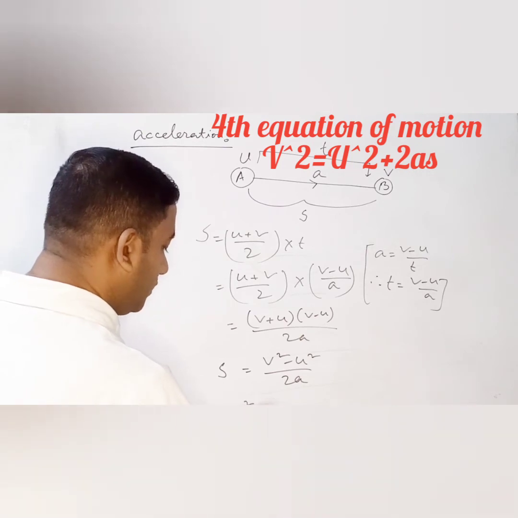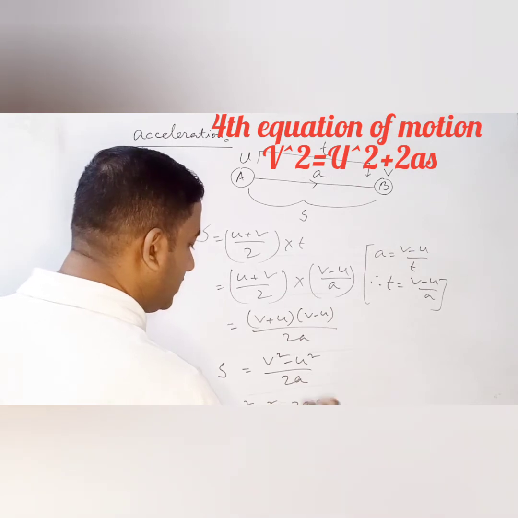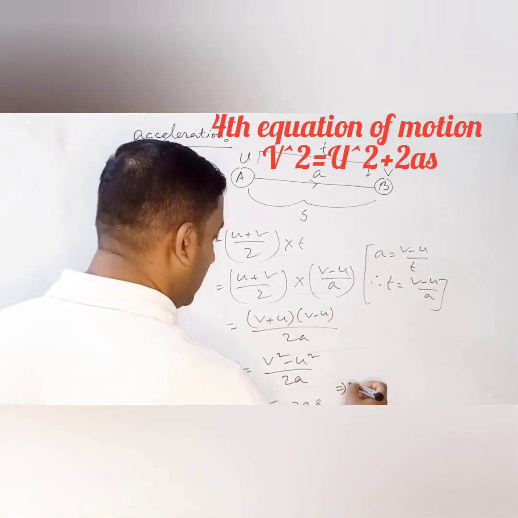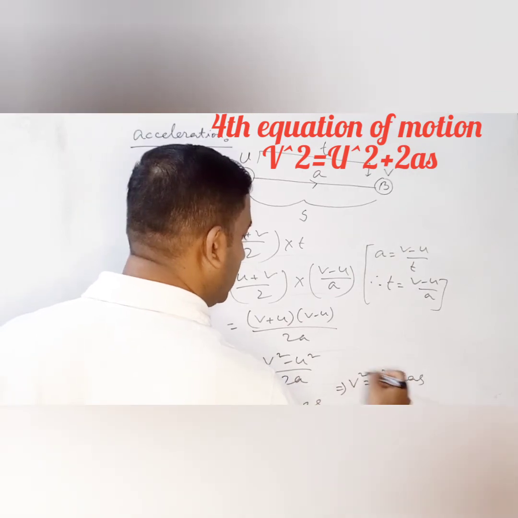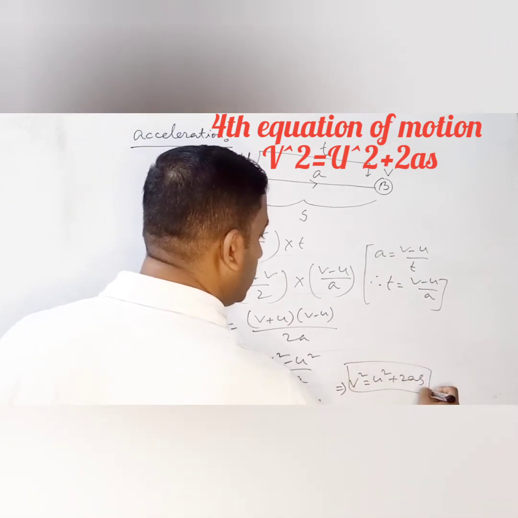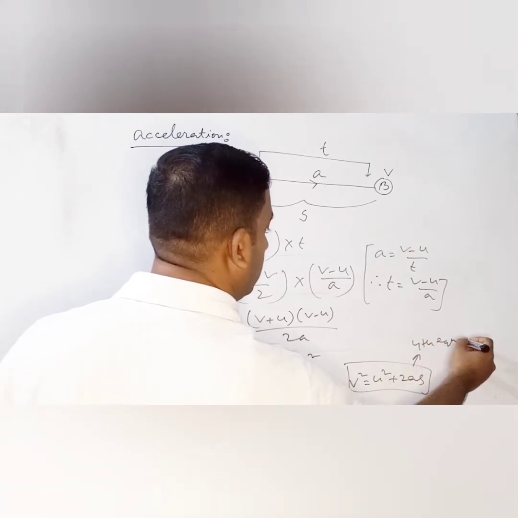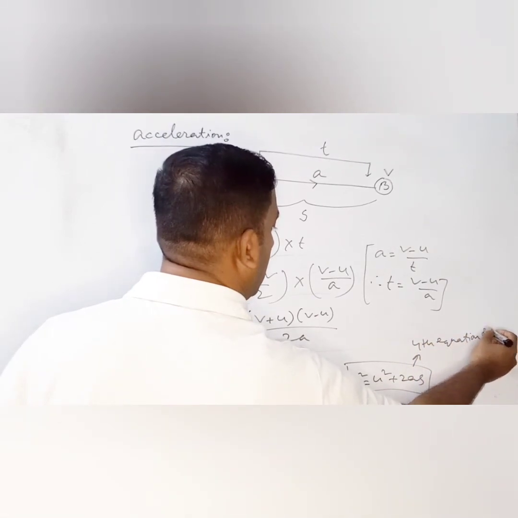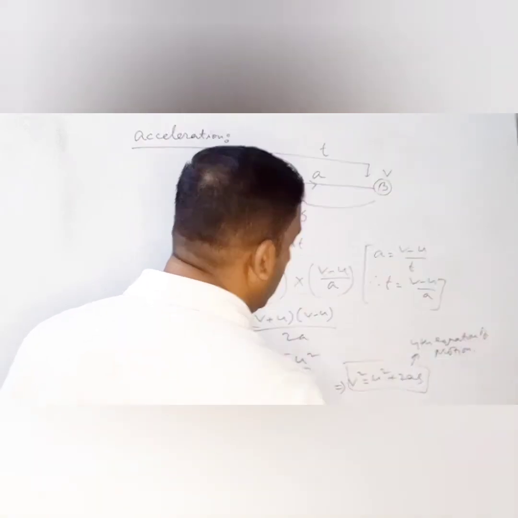So if we cross multiply, then it will be v square minus u square equals to twice as. So v square equals to u square plus 2as. This is the fourth equation of motion.